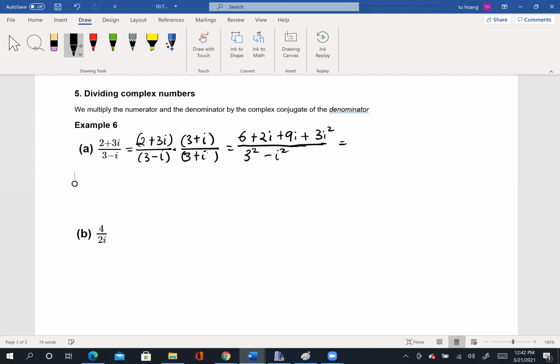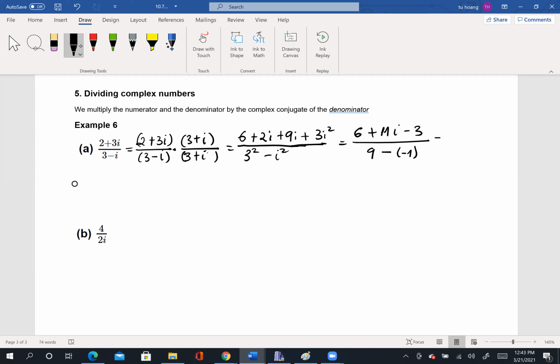Now let's simplify. The top becomes 6 plus 11i, plus 3 times i squared, which is minus 3, right? i squared is -1, so it just changes to become -3, and the bottom gives me 9 minus i squared, which is just plus 1.